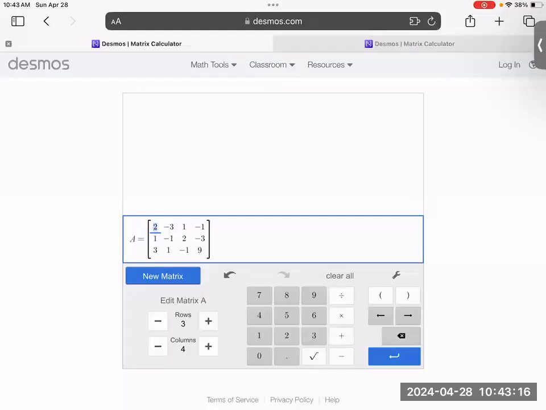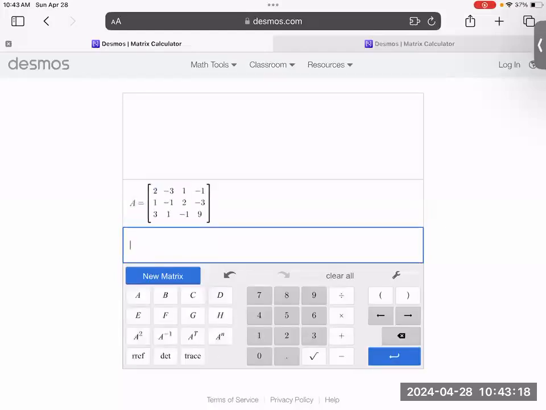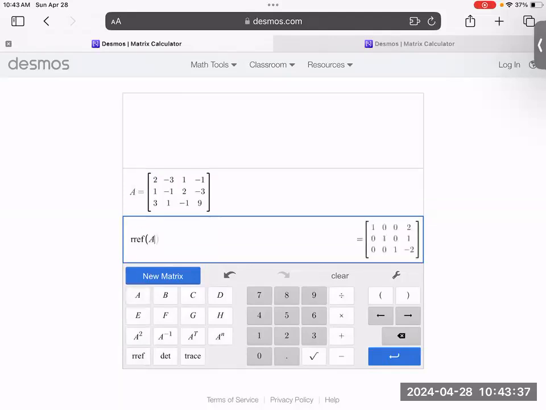Once you have entered it in, you're going to go ahead and hit enter. When you hit enter, there's a bunch of different values that come up underneath the new matrix. We're going to hit the one that says RREF on the very bottom left corner. Now, we are going to take your A matrix, whatever matrix you have labeled.